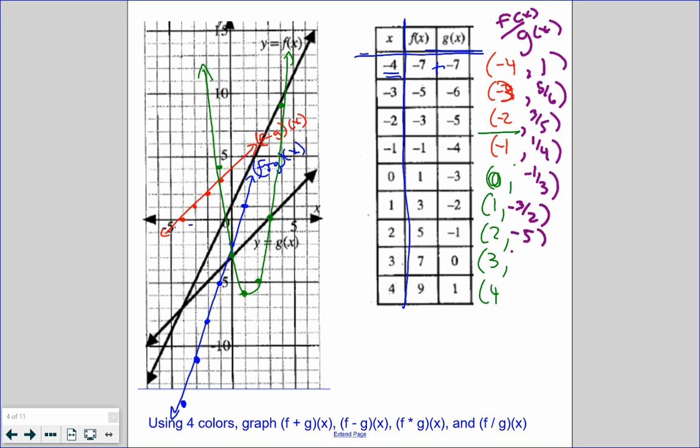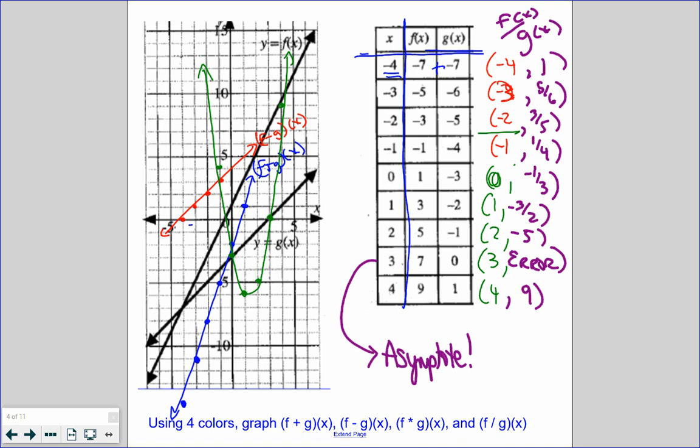Now be careful here. 7 divided by 0 is an error. And then 1 divided by 9. Now if you remember from our last unit right before Christmas, errors on graphs become asymptotes.